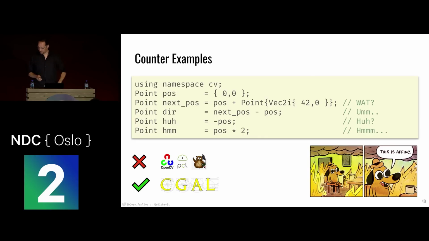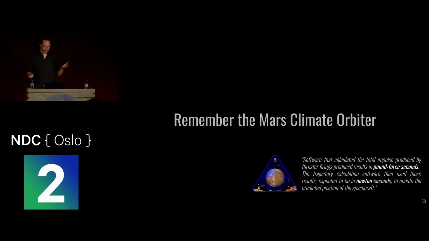And you might say, well, okay, it's interesting, 200-year-old information. Okay, what's new? And how bad can this be? All I can say is remember the Mars Climate Orbiter. This was a multi-billion-dollar project built by NASA and its contractors.